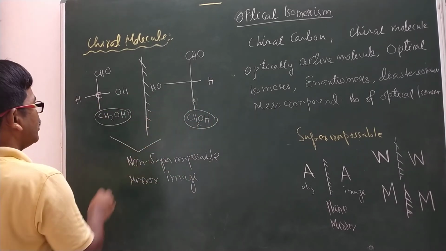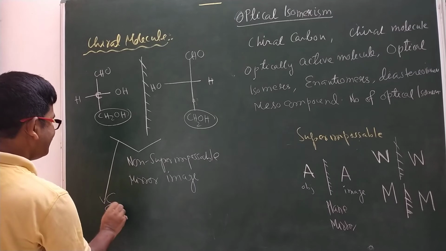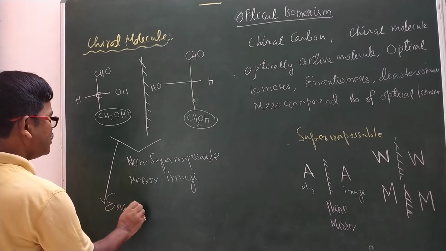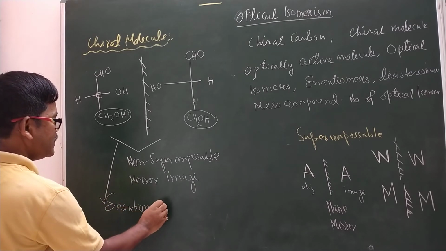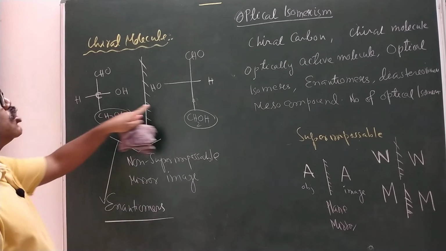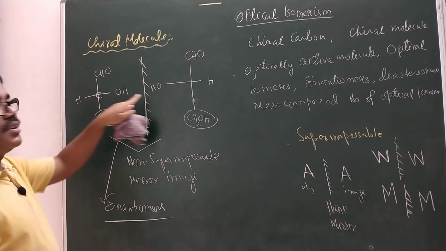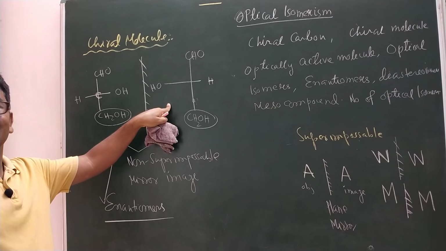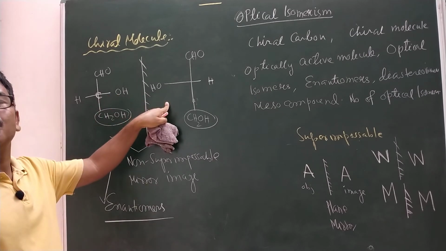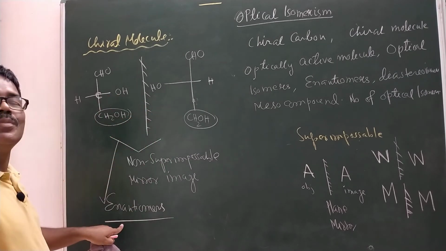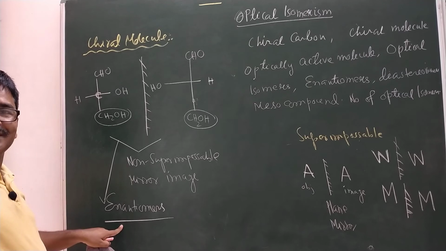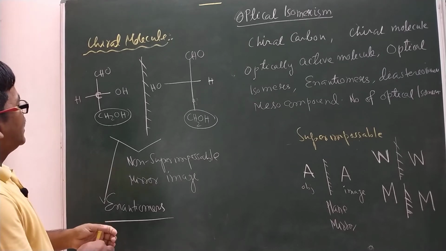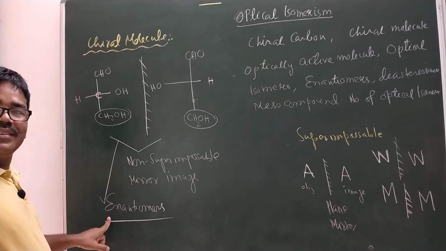And this molecule and its non-superimposable mirror image together are known as enantiomers. These two are isomers. They have different properties. They are called enantiomers. What are enantiomers then?